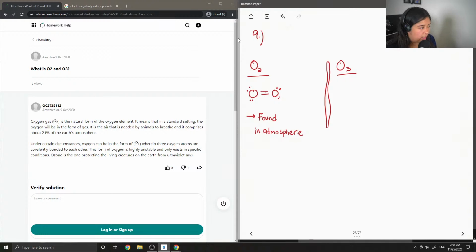O3, on the other hand, is also known as ozone. So its structure is shown here. Its structure has 3 oxygens.